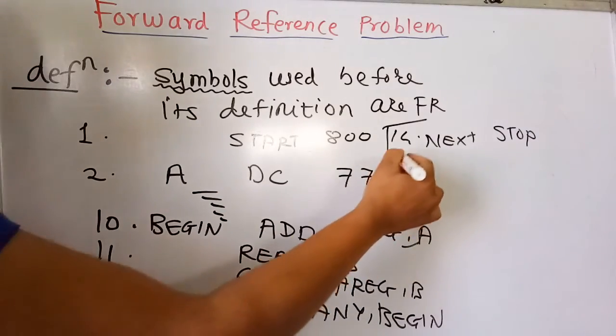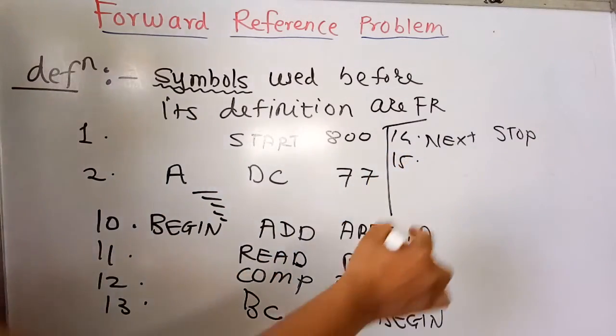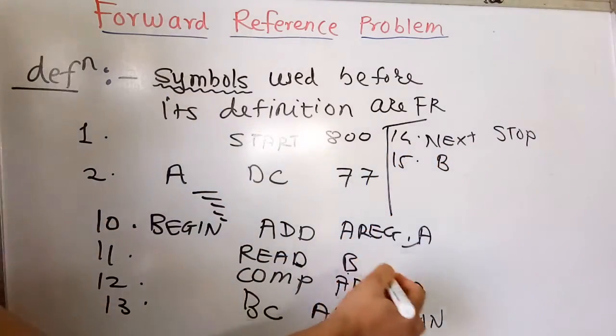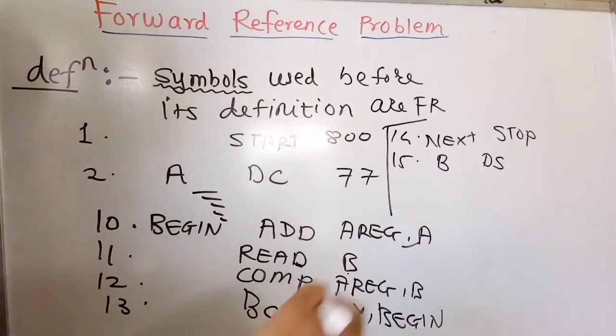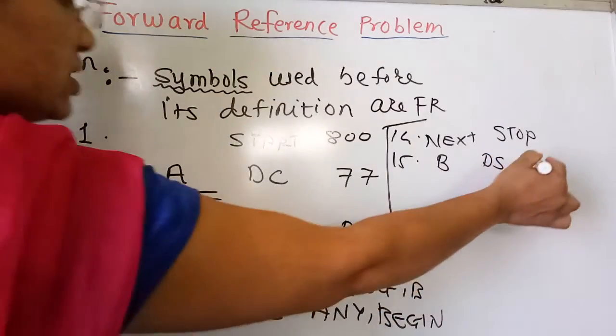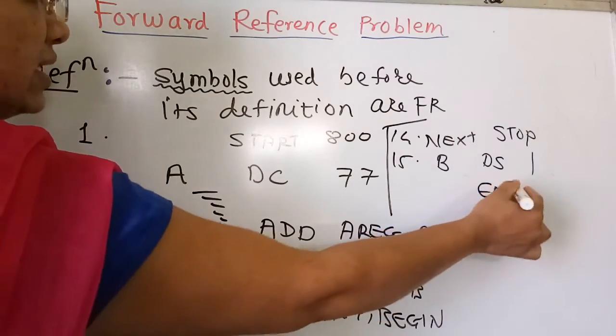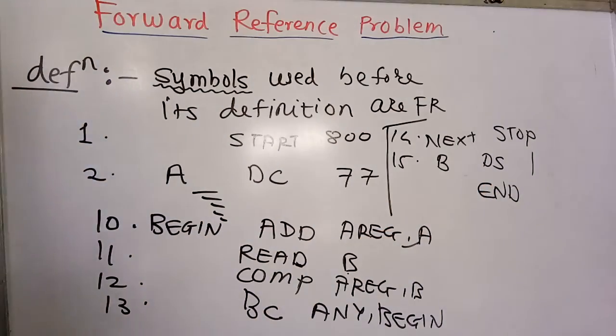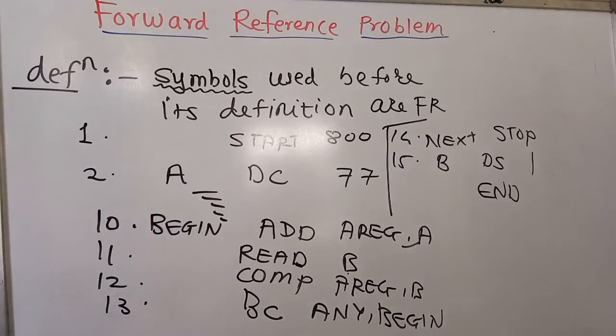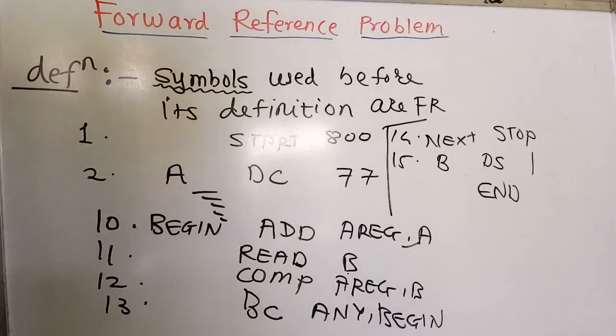Then, for example, B is the symbol and it has a declared statement with the value 1, and at the end it is END. From this example, you have to understand the forward reference problem.